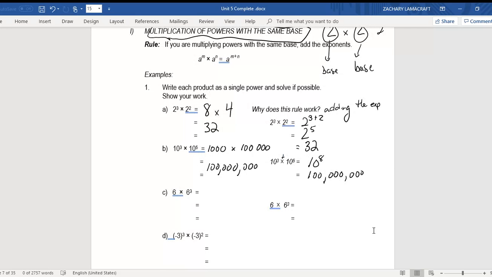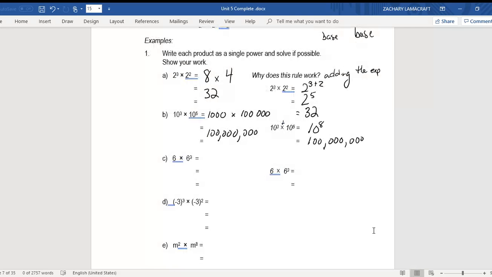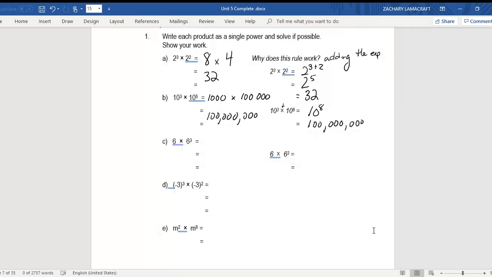All right, we have just a couple more examples here before I let you on your way. In this case, we've got 6 times 6 to the 3. 6 to the power of 3 is 216, and if I multiplied that by 6, I would get 1,296.